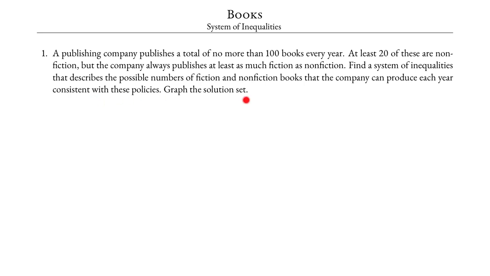Graph the solution set. We assume that there are two types of books here. One is fiction and one is non-fiction. And so we're looking for the possible number of combinations of fiction and non-fiction. And so we will let x be the number of fiction books.